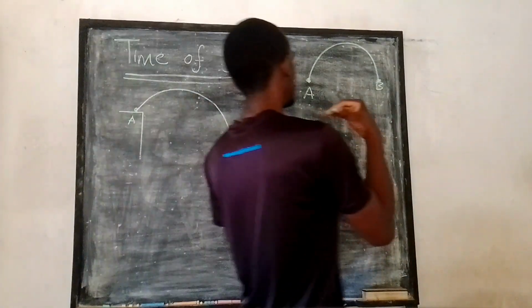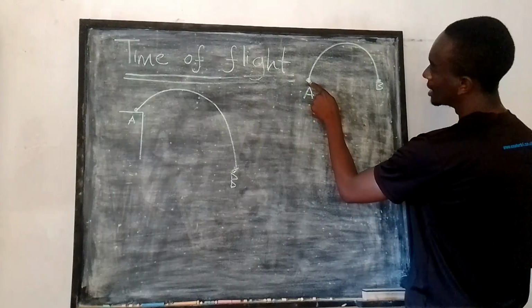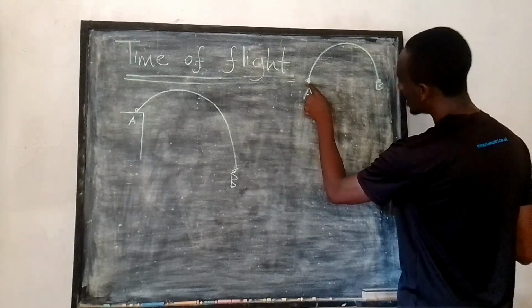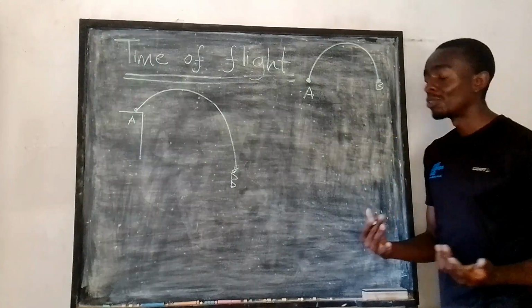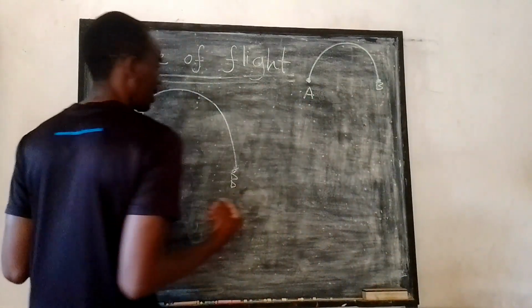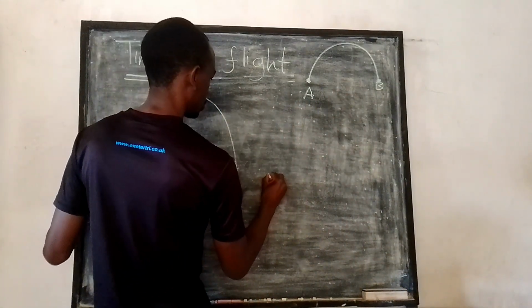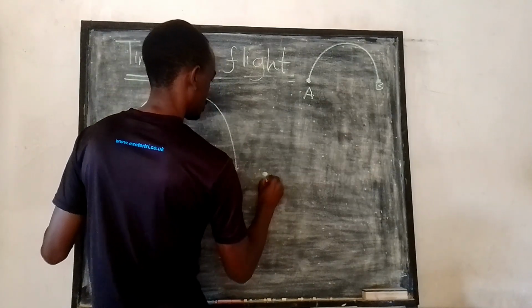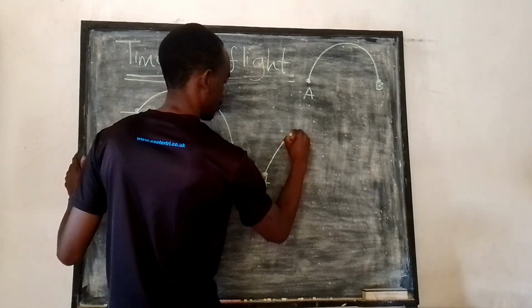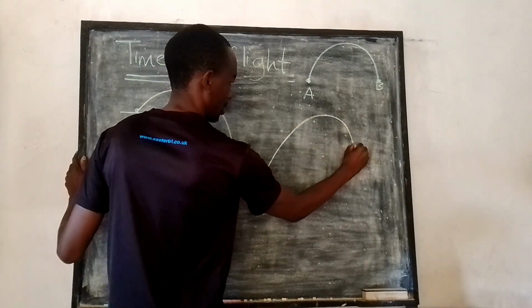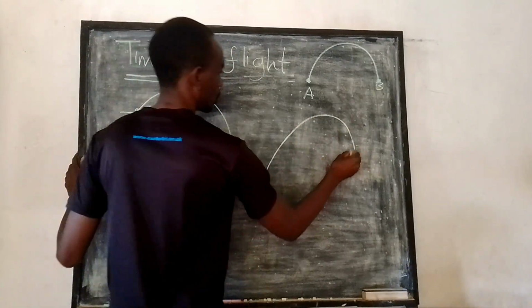So again, when we come to this path, the time the object takes to move from this point A up to this point B is called the time of flight. And again, this applies if our object has been launched from this point A and follows this path, and say there is a cliff on top.